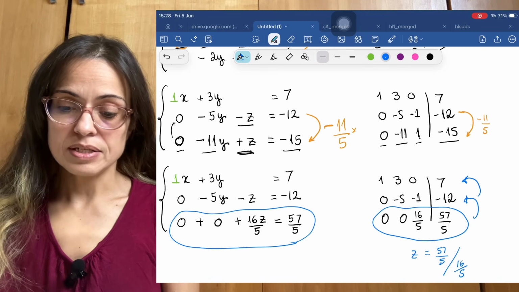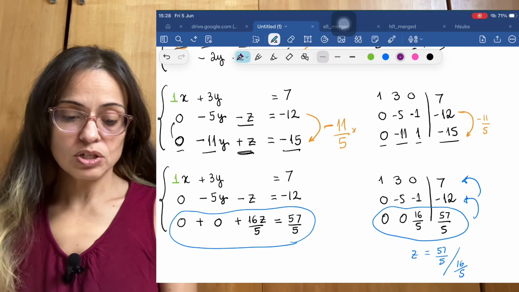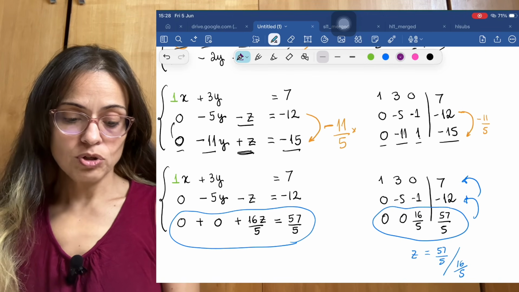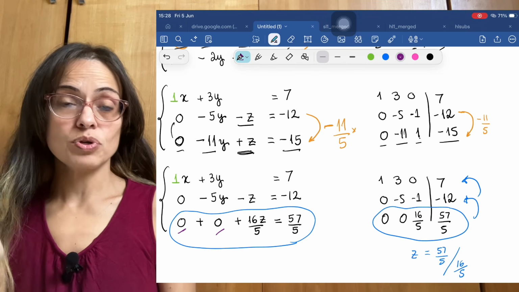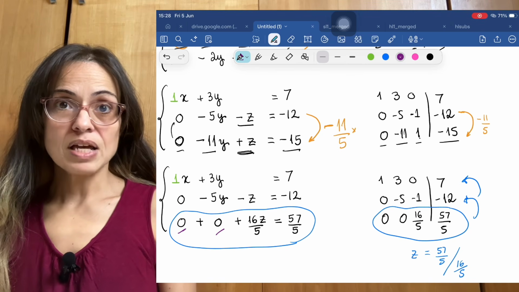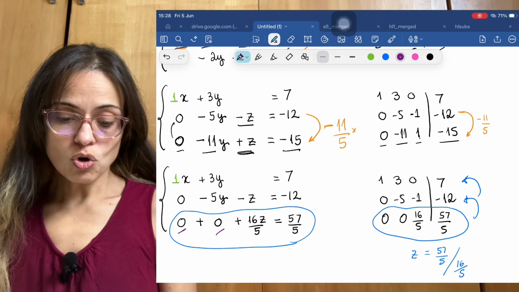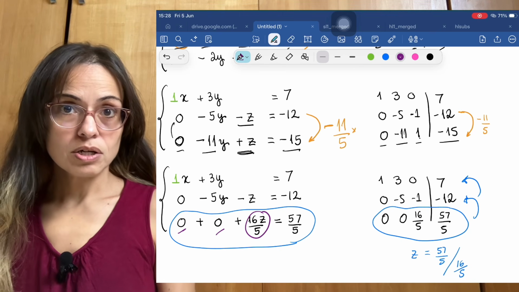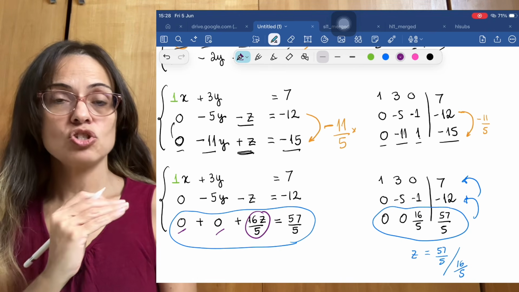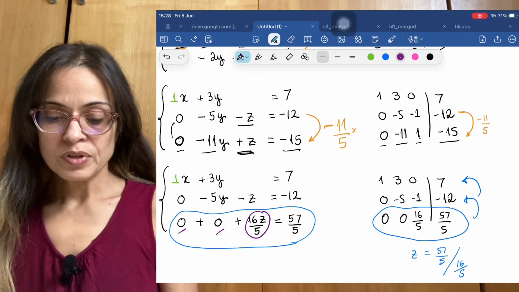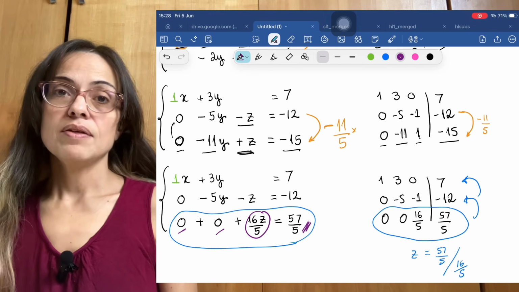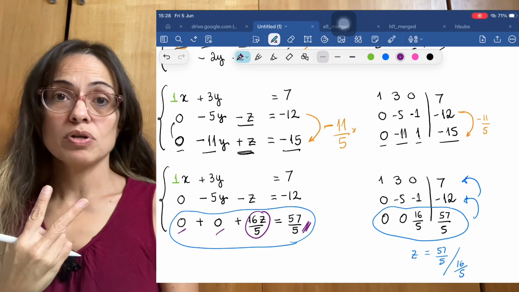The thing is that sometimes when you get to the last line, you have a 0, those were intentional. But sometimes, unintentionally, you're also going to get a 0 here. So you're going to find an equation that is just 0 plus 0 plus 0 equals something. And then at that point, there are two possibilities.